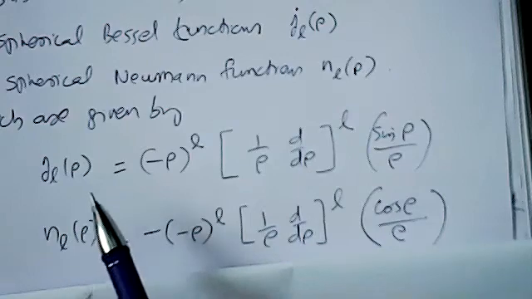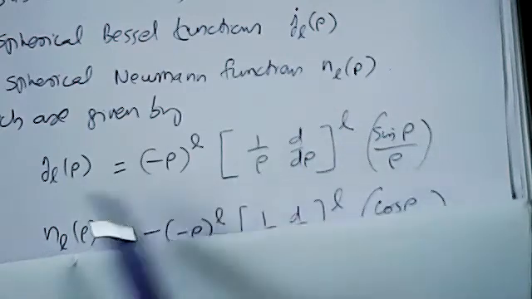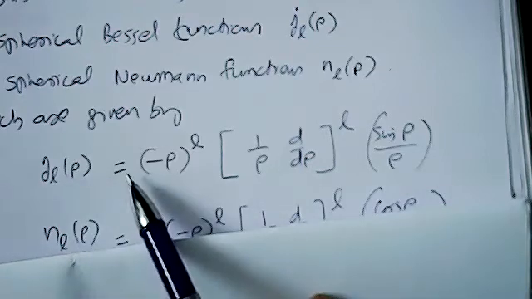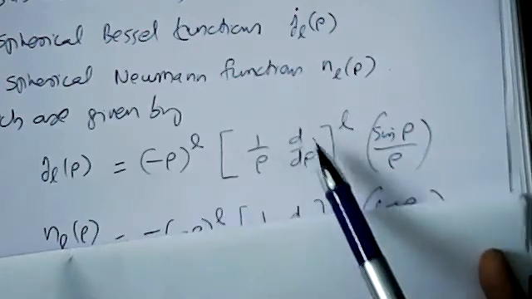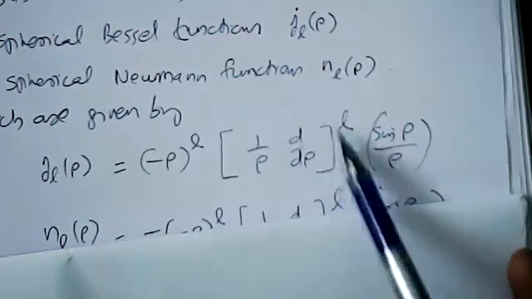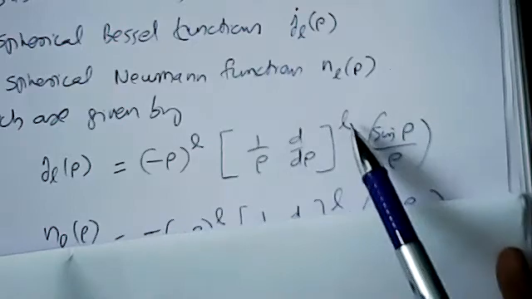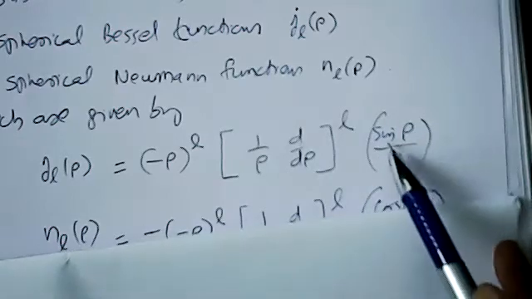You have to learn it either by heart or write it down many times. So j_L(rho) equals (-rho)^L (1/rho d/d rho)^L sin rho by rho.